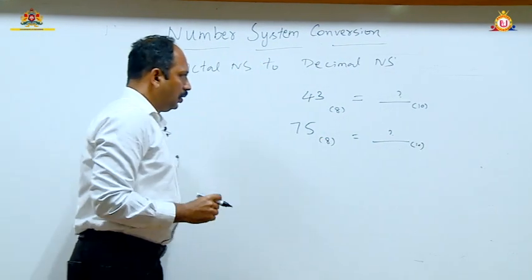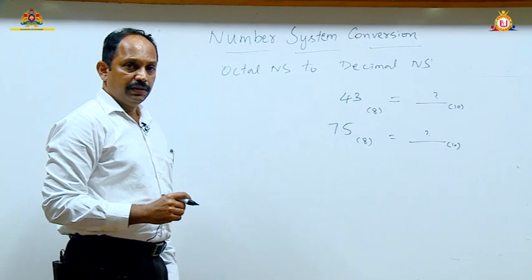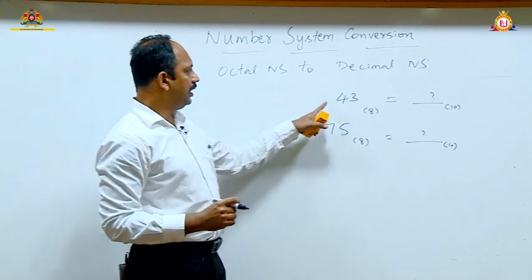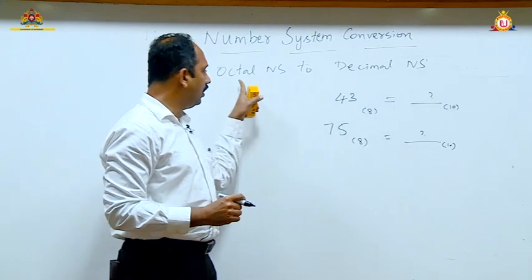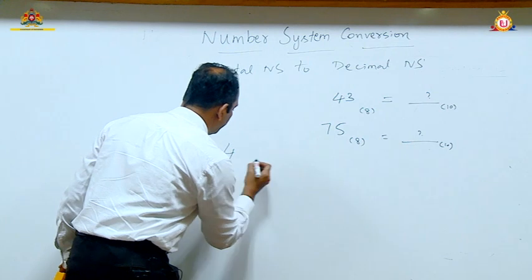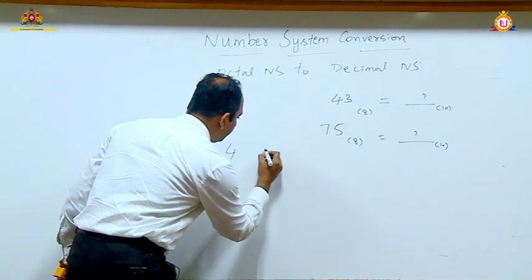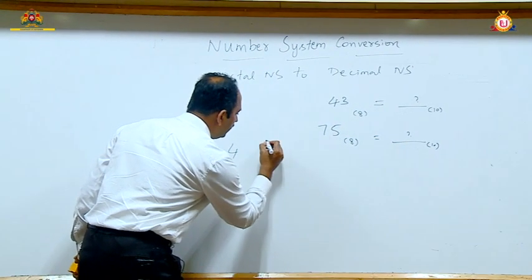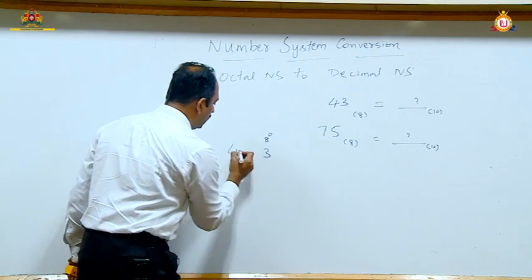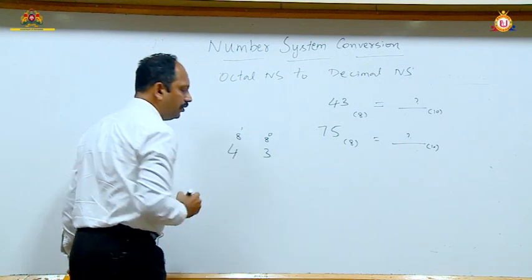So let us use the positional value of 4, 3 in the octal number system. The 3 is in the unit place, 8 to the power of 0, and 4 is in the 8 to the power of 1 place.